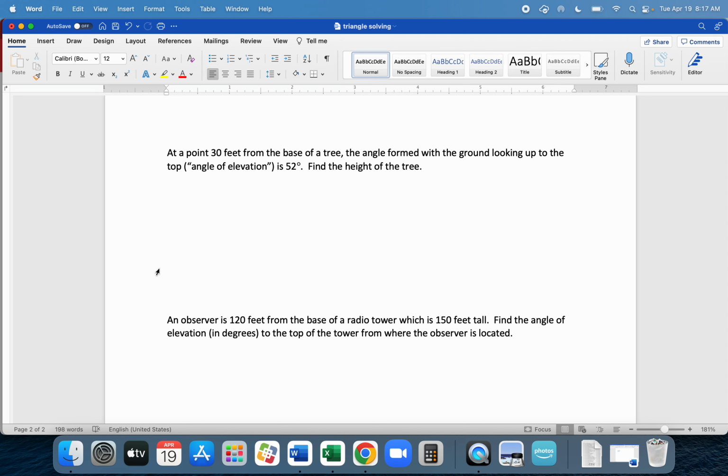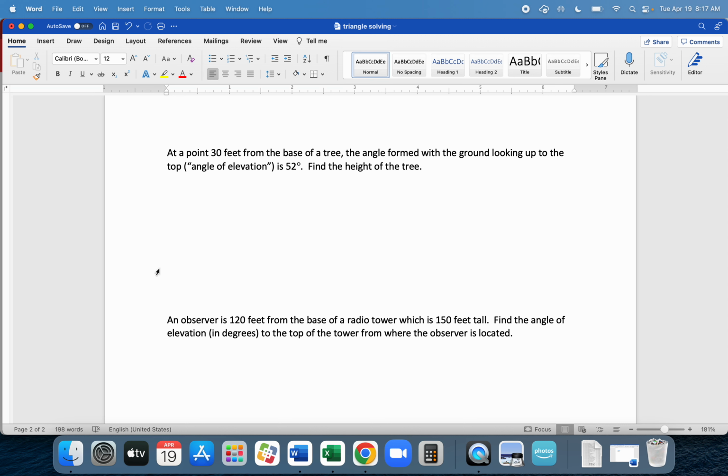But in any case, angle of elevation is that angle there, and it says that this is 52 degrees. And we want to know the height of the tree. So I can call it y, the vertical part in this picture. X is 30, y is the unknown, and we've got an angle of 52.